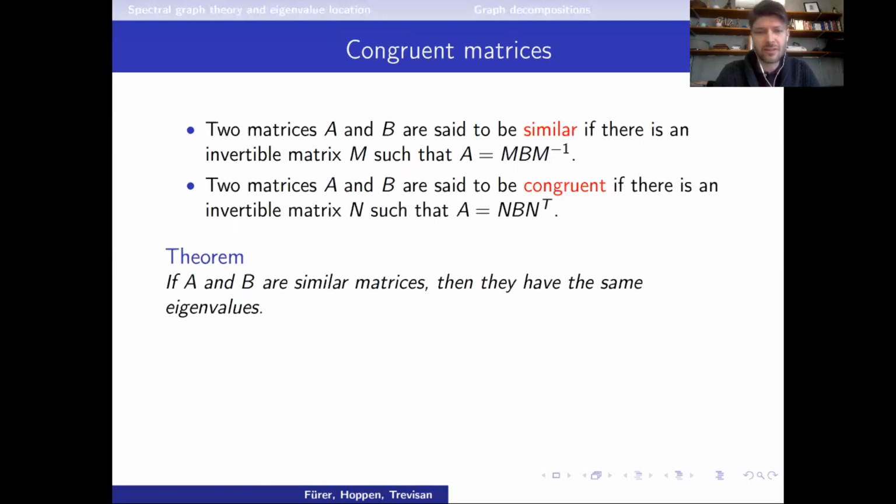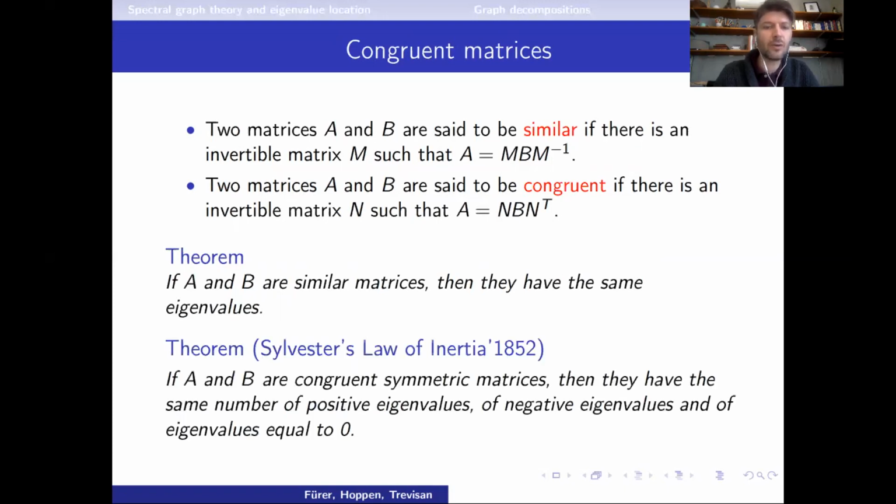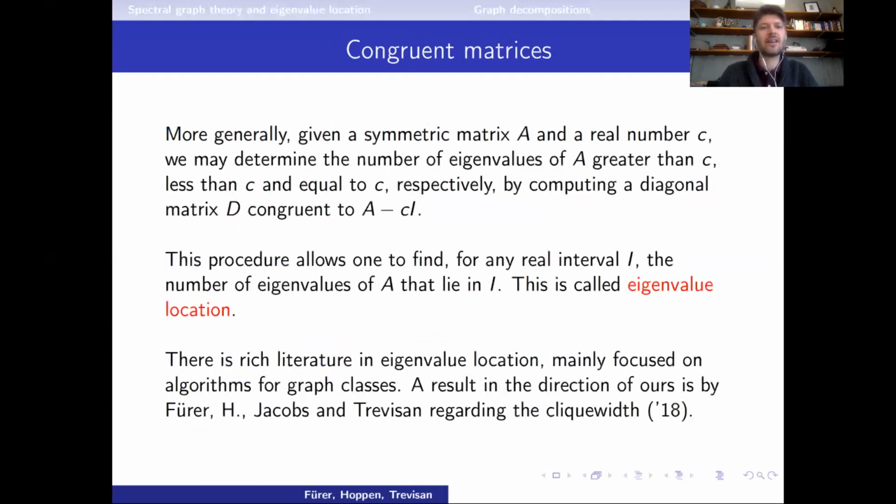If they're congruent, it's not true that they have the same eigenvalues, but a known result of Sylvester, from 1852, tells us that at least the number of positive eigenvalues, of negative eigenvalues, and of eigenvalues equal to 0 is the same. More generally, for a given symmetric matrix A and a real number C, we can determine the number of eigenvalues of A greater than C, less than C, and equal to C by computing a diagonal matrix that is congruent to A minus C times the identity.